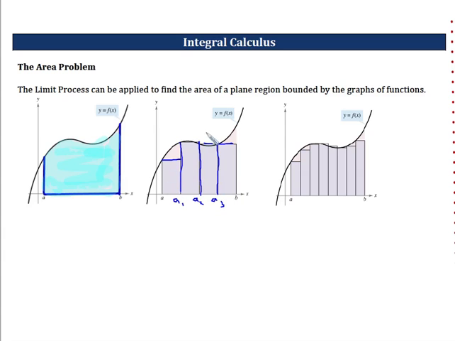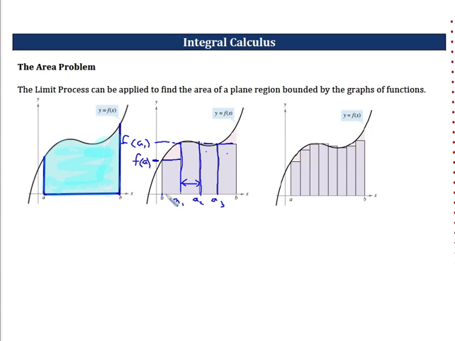We could find this area because we know this rectangle's height would be f of a, because this is the x-coordinate that goes right there. And if we did f of a times the change right here, a to a sub 1, it would give us this area. If we're looking at this rectangle, we know this would be f of a sub 1. So we could take this multiplied by its width, and it would give us the area. And the same thing for the other two rectangles.